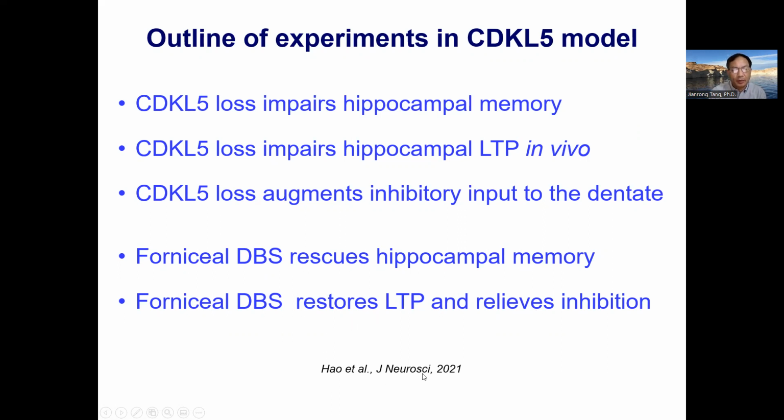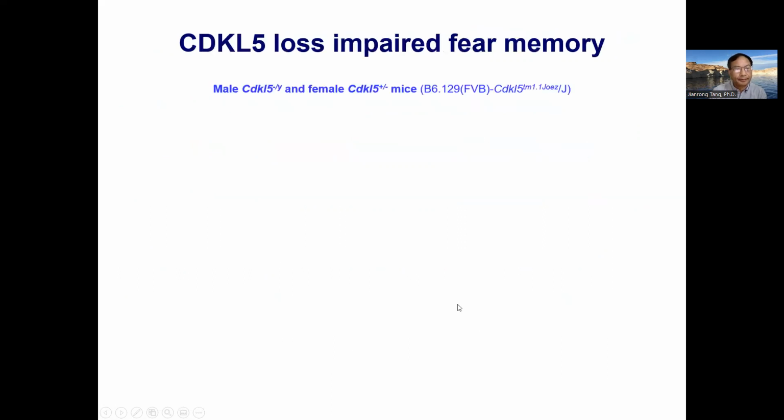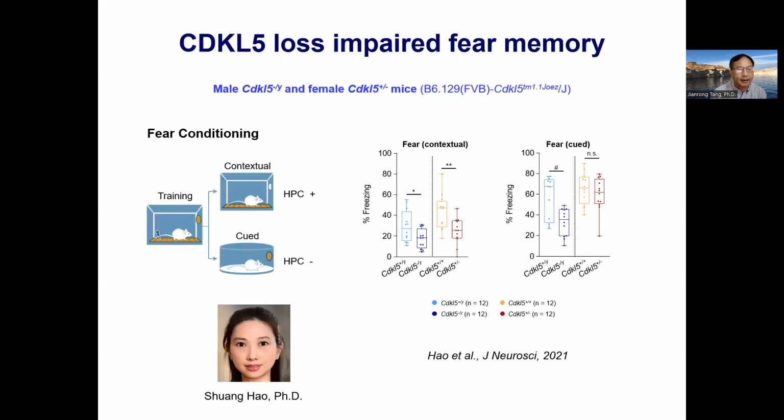This data was published recently. The existing data in CDKL5 models was mostly focused on the male mutant mice, but we were also interested in the female heterozygous mice due to their clinical relevance.